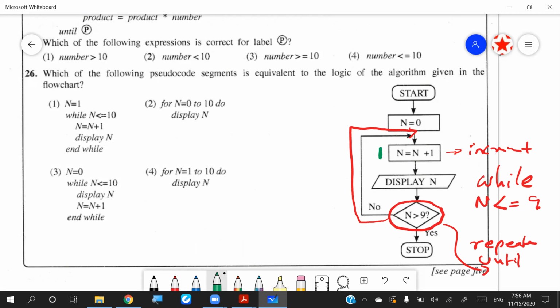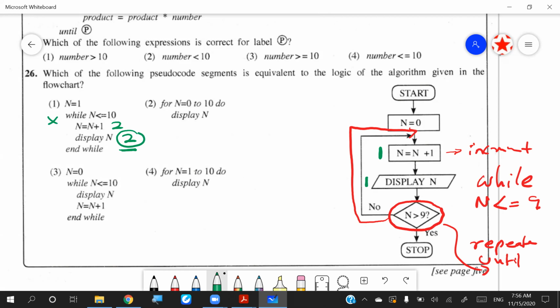For the first iteration, n will become 1 and display 1. Then n is 1, n is less than or equal to 10, while is used, so it is correct. Going inside, n will increase by 1, so this will become 2, and they are going to display 2. Because of that, this is wrong, because you need to display 1 at the very first place.